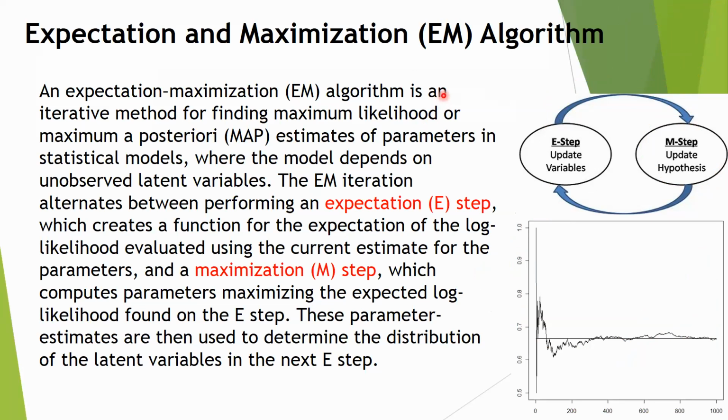Yes, okay. All right. So this EM algorithm is very interesting. So let's go one step back. 10 minutes ago, I asked you when and why we have to use the Newton-Raphson, right?